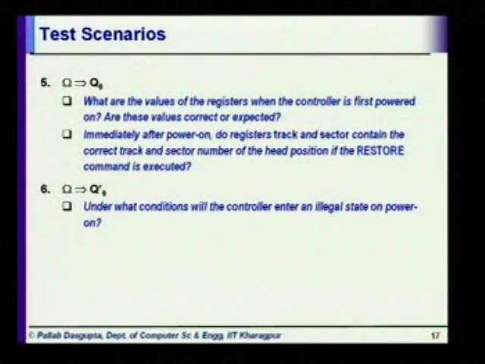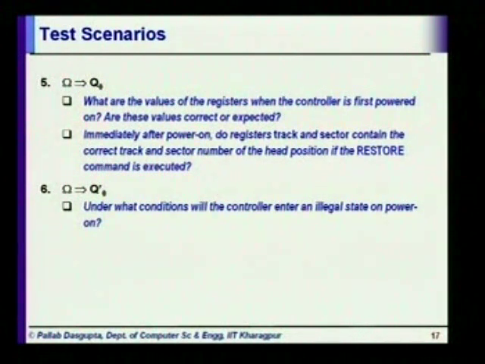Then look at the power up scenarios. For example, we can try to see what the values of the registers are when the controller is first powered on. Are these values correct or expected? So, we make sure that the disk controller initializes all the registers with some valid value at power on.